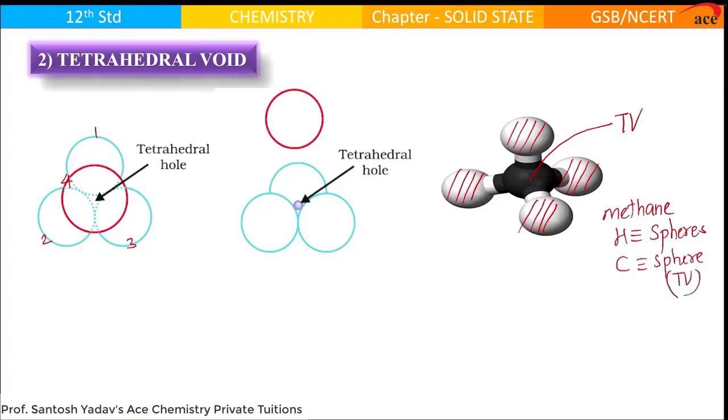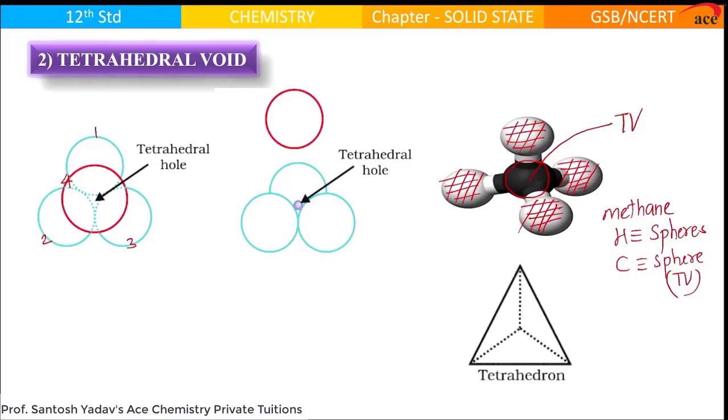Here carbon is a larger sphere, but you imagine carbon as a smaller sphere and hydrogen as a larger sphere. That means this carbon is like our tetrahedral void, and the hydrogens, which are to be imagined as bigger spheres, are the actual spheres making up the tetrahedral void. Because it has a figure like a tetrahedron, the void got the name tetrahedral void.